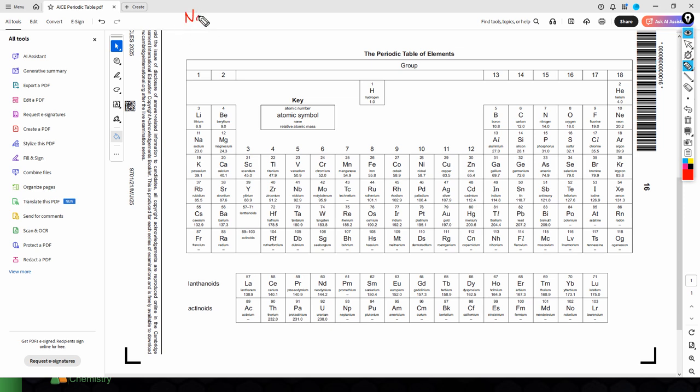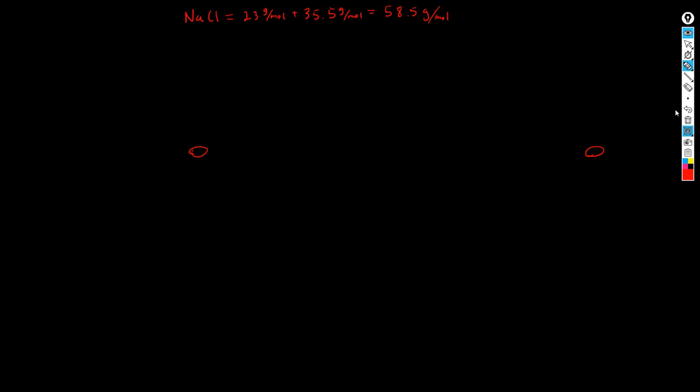NaCl has a molar mass of sodium, 23, plus chlorine, 35.5. So that's 23 grams per mole plus 35.5 grams per mole. So the molar mass of sodium chloride is 58.5 grams per mole. So let's go back to here.